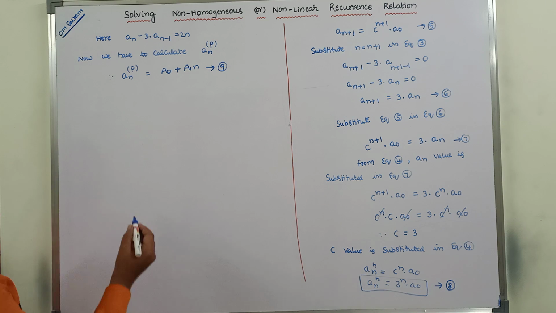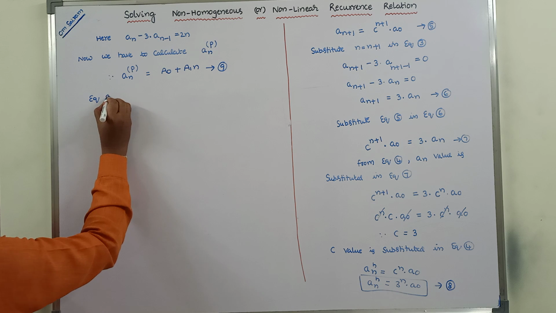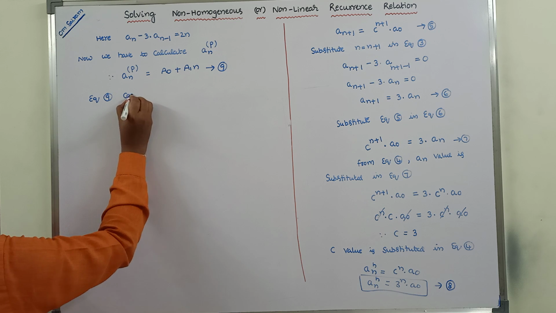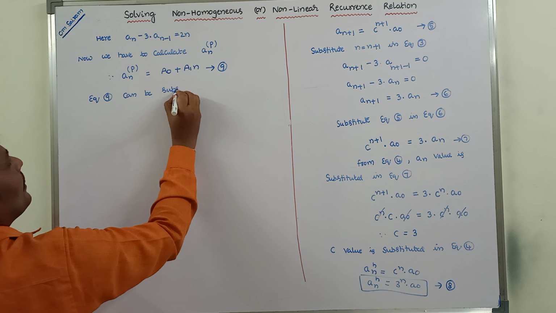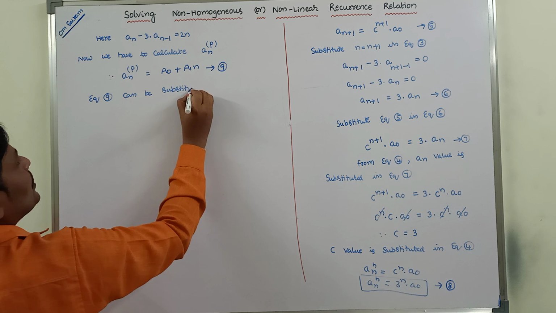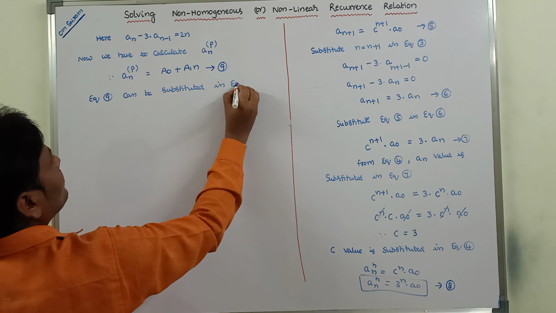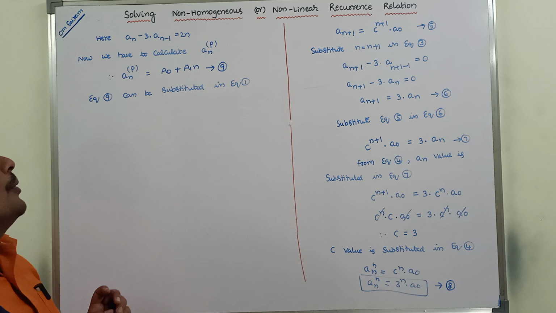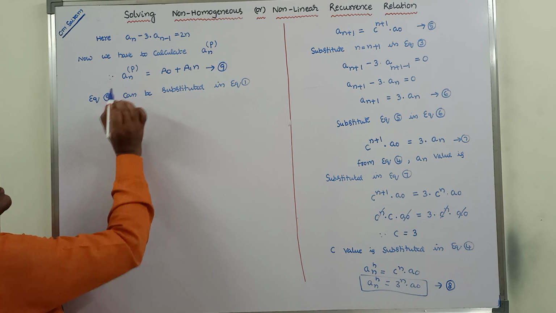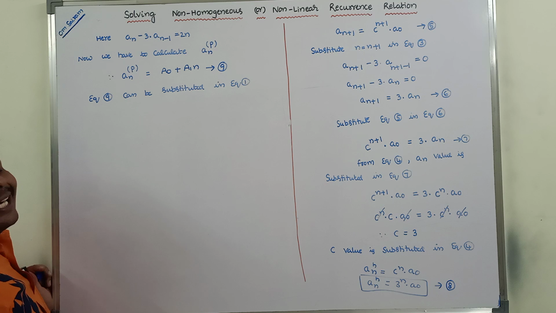Okay, so equation 9 can be substituted in equation 1. So this is equation 1. Okay, so in the place of a suffix n, we have to substitute a naught plus a1 into n.